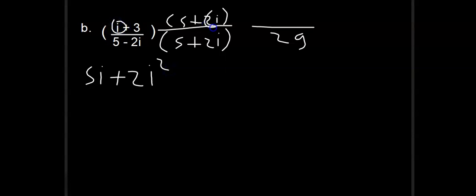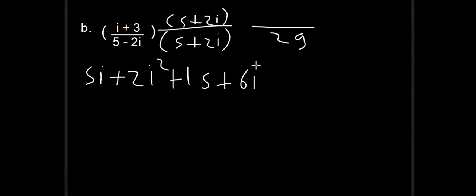And then 3 times 5 will be 15, and 3 times 2 will be 6i. Okay, now I think I'm done.